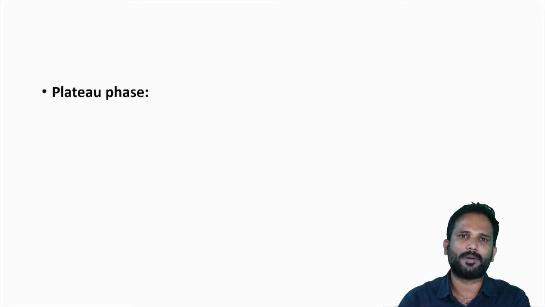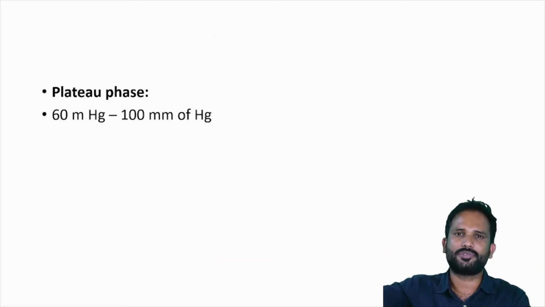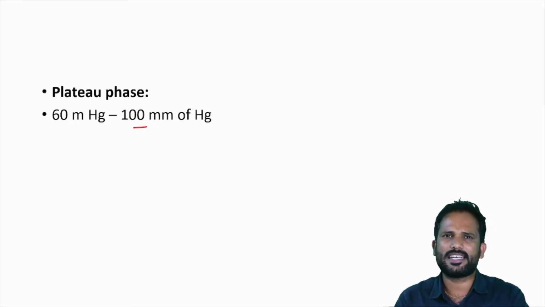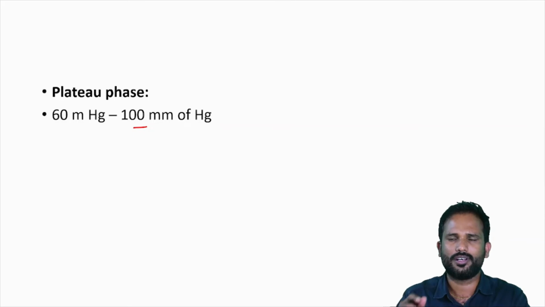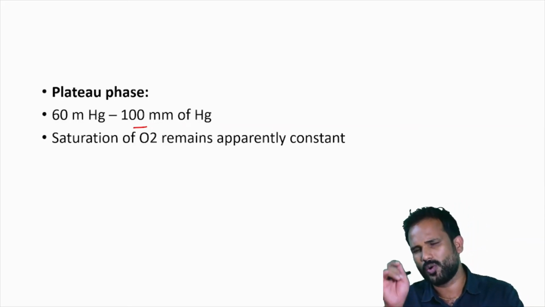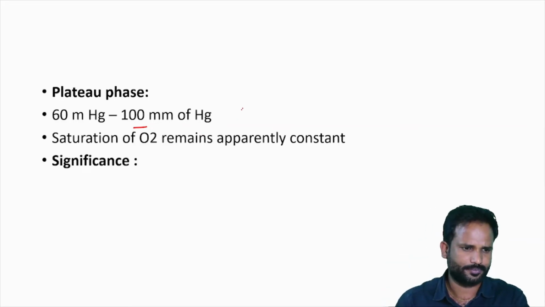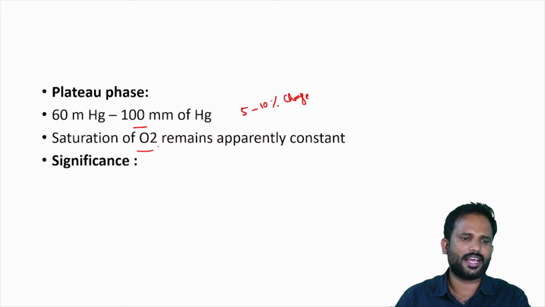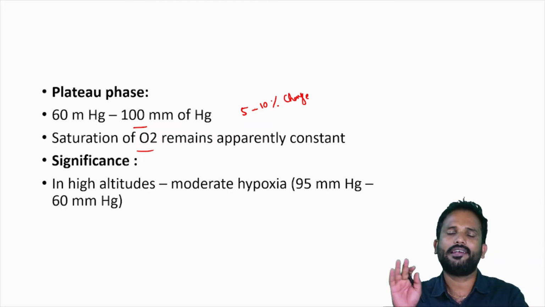And coming to the plateau phase, from 60 to 90 mmHg or 100 mmHg, there is not much change in the saturation of hemoglobin, only 5 to 10%. Only 5 to 10% change in saturation occurs. So almost SpO2 remains constant, apparently constant. So what is the benefit of this?